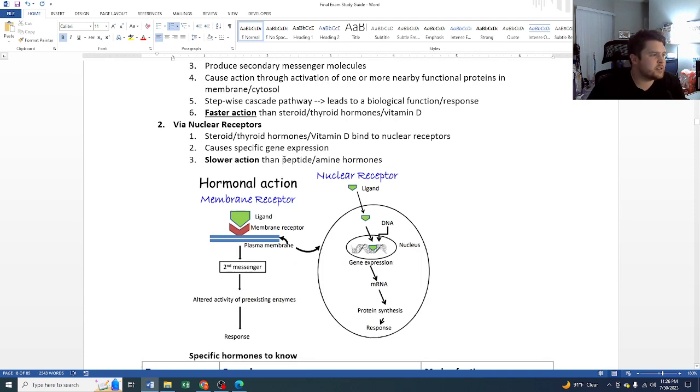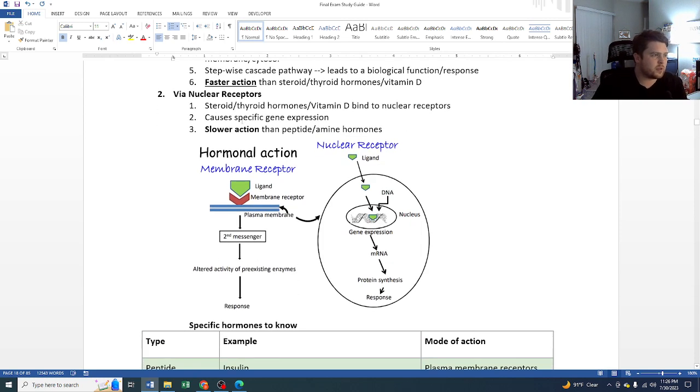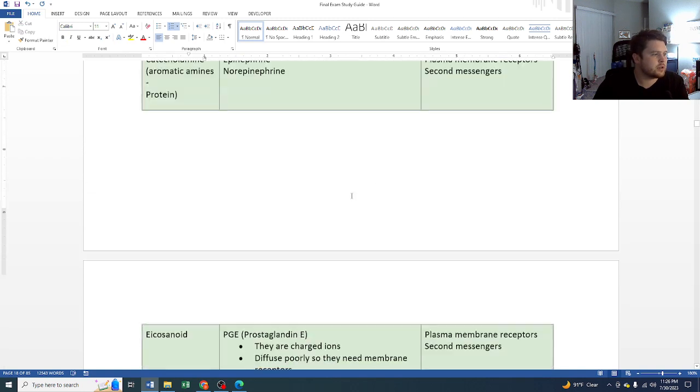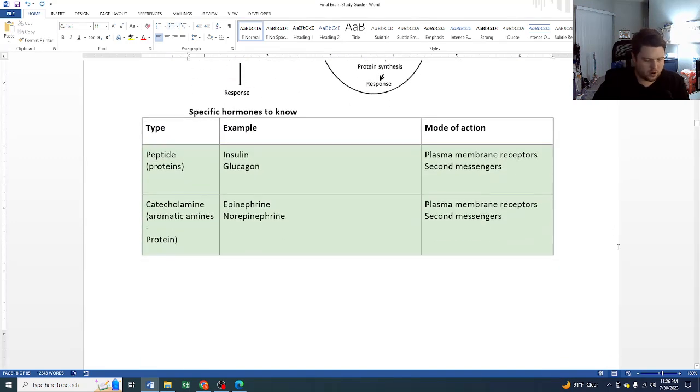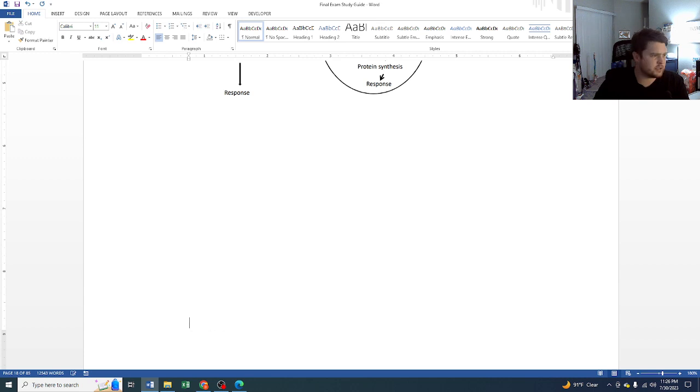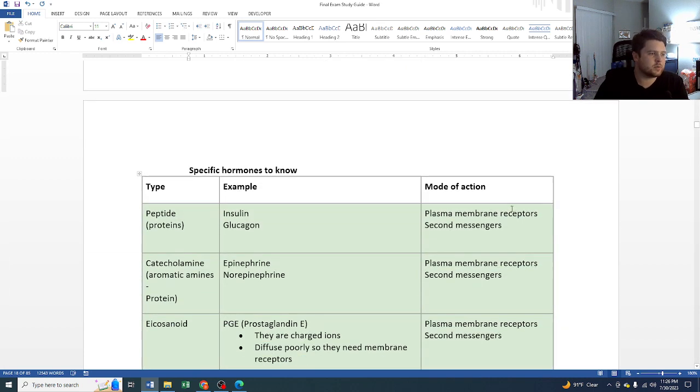There are also those nuclear receptors we talked about. These cause specific gene expression because they literally go right to the DNA, and these tend to be a little bit slower action than some of the other hormones. Here's our chart with all of the hormones on it. This is in the book as well.